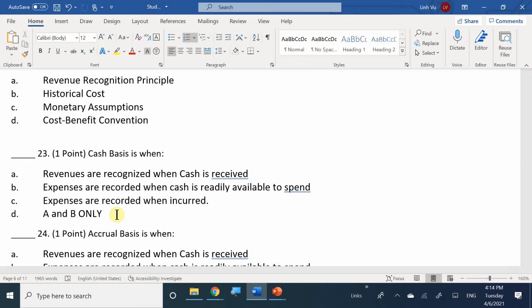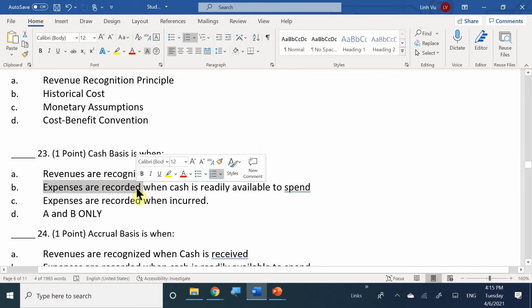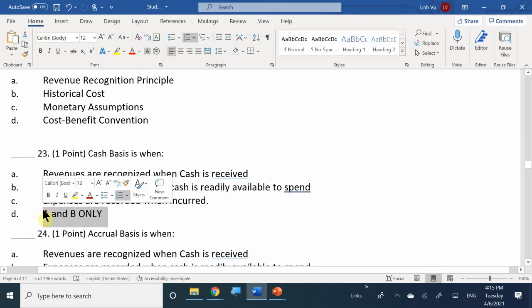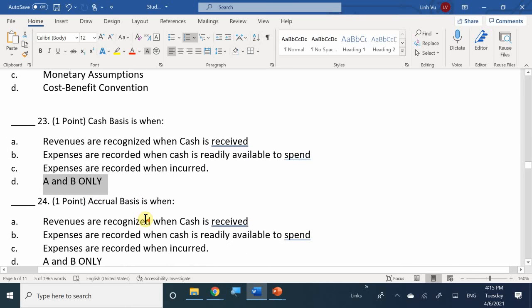C says expenses are recognized when incurred. So the correct answer is, in fact, D, because this is true, right? You only recognize revenue when cash is received. You only recognize expenses when cash is readily available to spend. Okay, so A and B only.